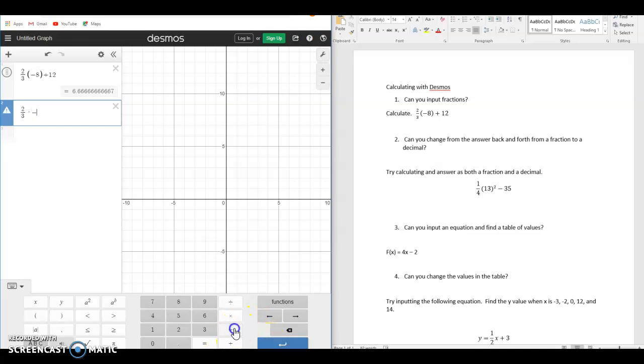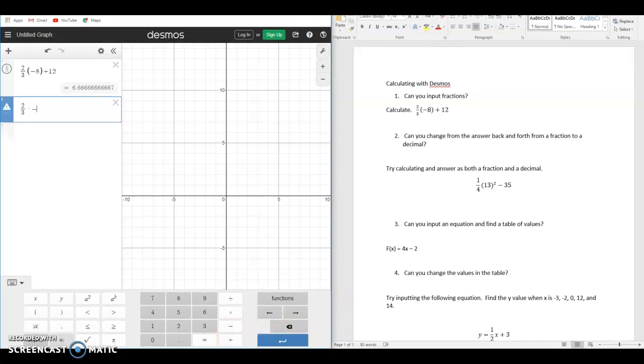Times negative, I don't think that's right. Where's my negative key? Well, let's try it. Times -8 plus 12. Let's see if we get the same thing. Okay, we got the same thing. So in this case, just be really careful using this minus because it also acts as a negative. Okay? So take your Desmos, pull it up, practice, make sure that you can actually input that.